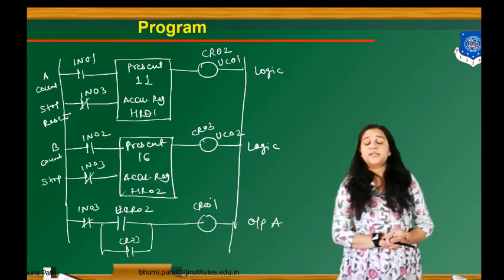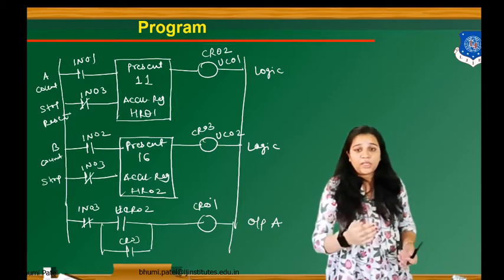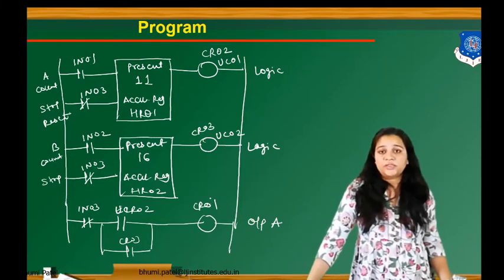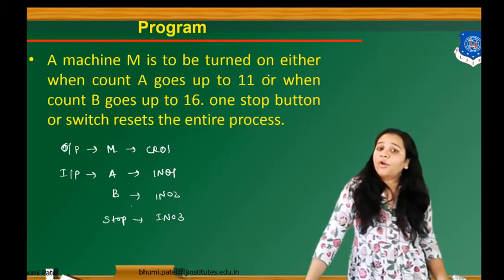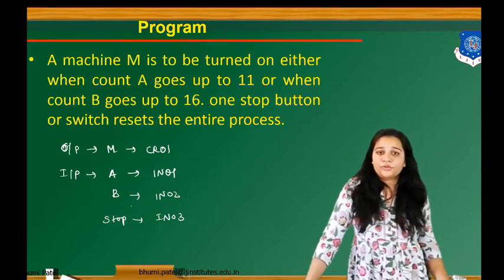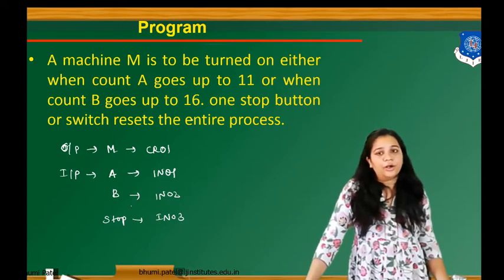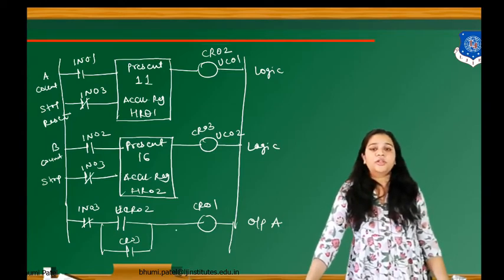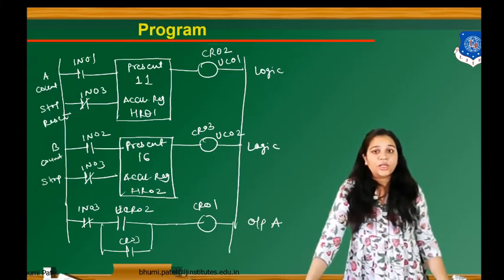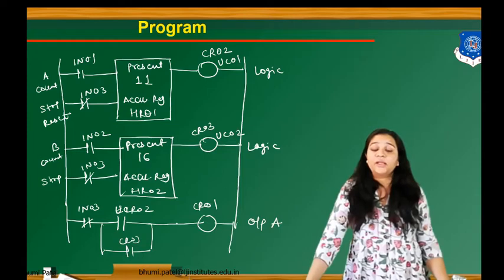This is the logic behind this program: if count A goes up to 11 or count B goes up to 16, the machine is to be turned on. So using the counter, we can easily draw the program.